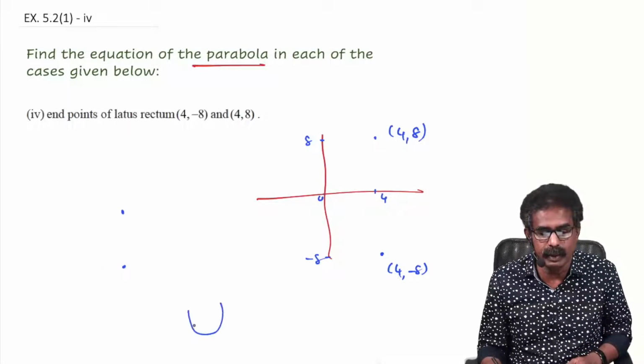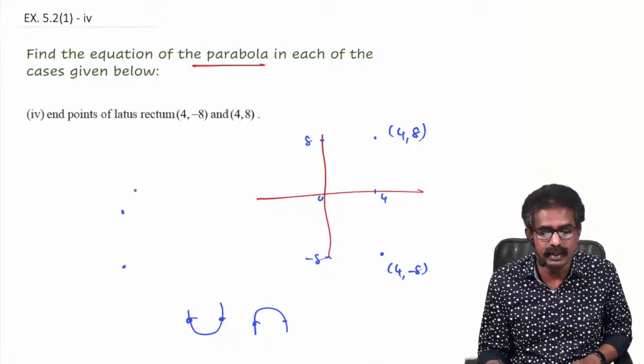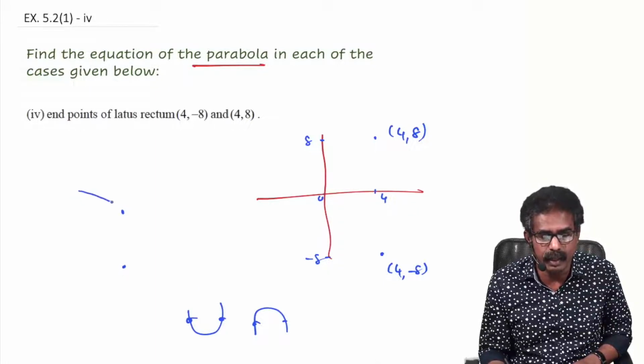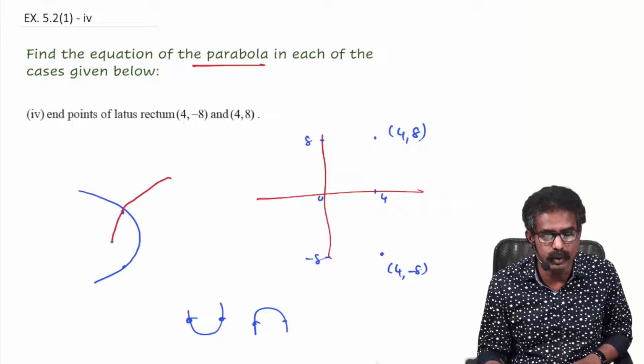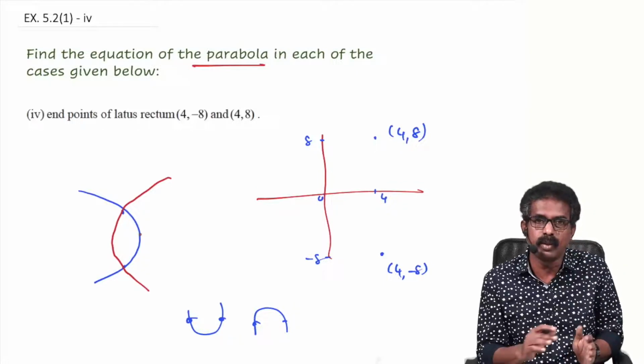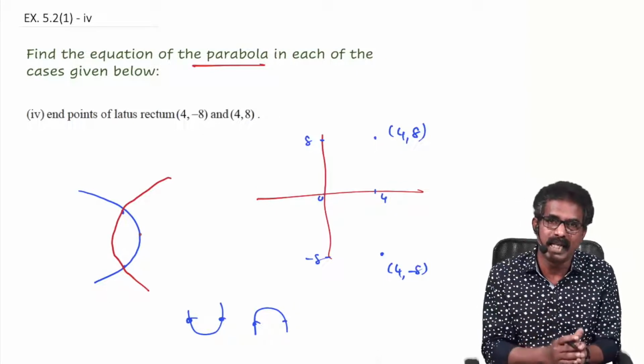Third type means the endpoint should be like this, right? Fourth type also like this only. But here, since it is given like this, it can be of this type, or it can be even this also. So it is either open rightward or open leftward.